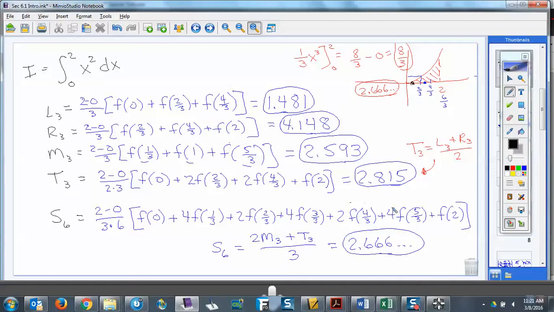All right. You're going to have some questions at the beginning of the homework where it's going to have you write out, like we did on this screen here, find L3, find R3, whatever. You can use your calculator to help you, just like we did here. But then a bunch of them at the end are going to be kind of true-false kind of things.